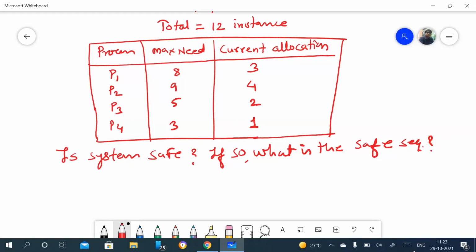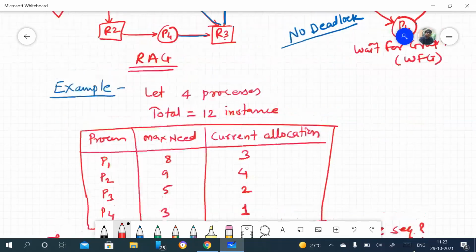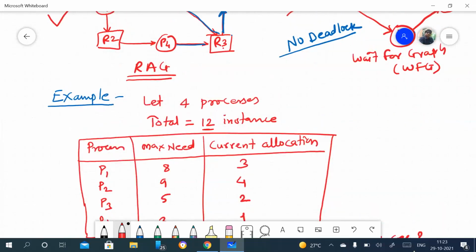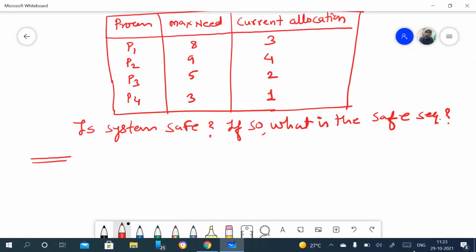So here, we know the total number of resources, which are given here. These are the 12. We can say instances or resource instances. So the total number of resource instances, how much? These are given 12.